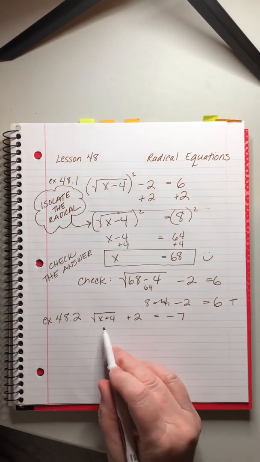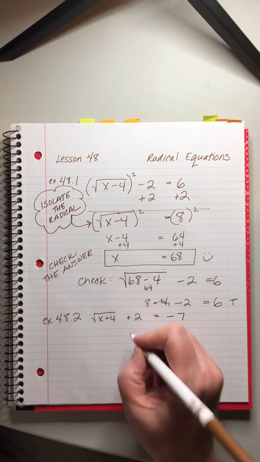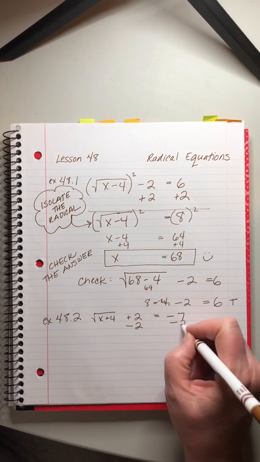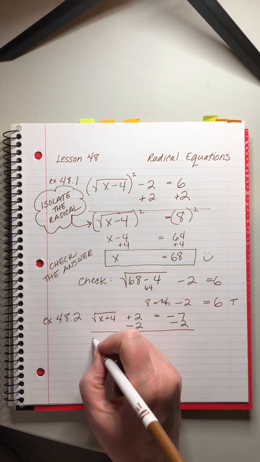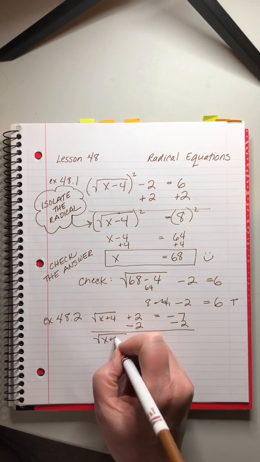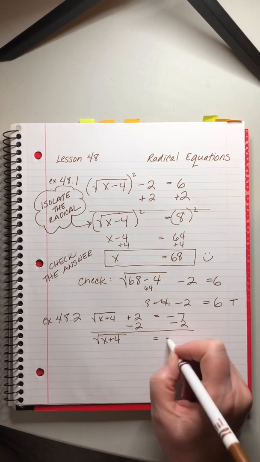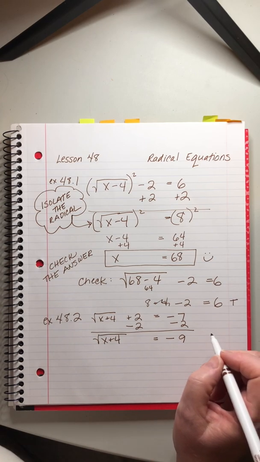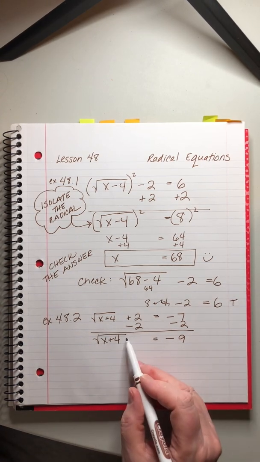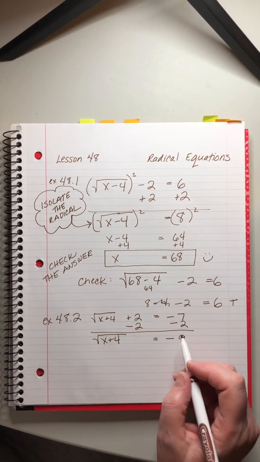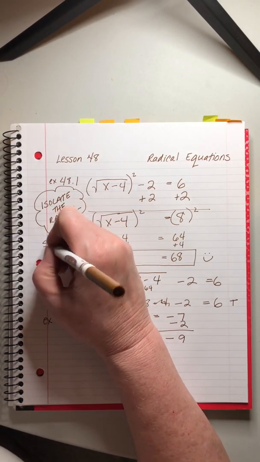Okay, so there's my radical. Minus 9. Now that the radical is isolated, we square both sides. I'm going to write that down up here too.